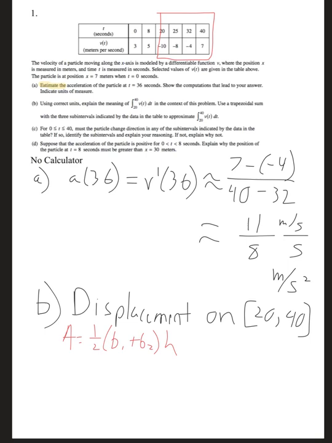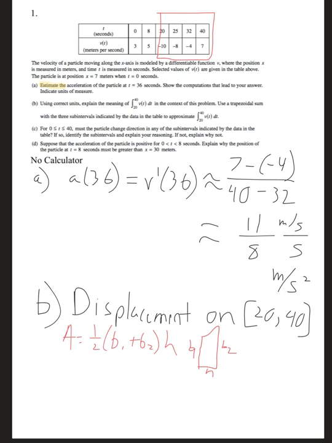Now when we do these trapezoid sums, we have to remember that something roughly like this, where here's b1, here's b2, and here's the height. So the b1 and the b2 are consecutive y values, and then the height is the change in the x, or in this case t values.